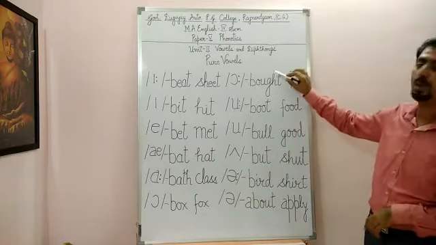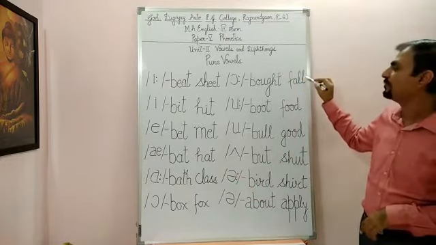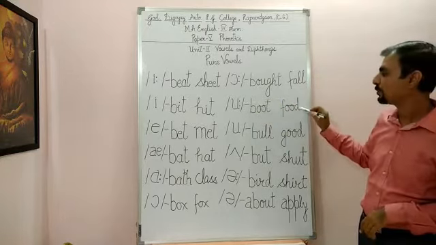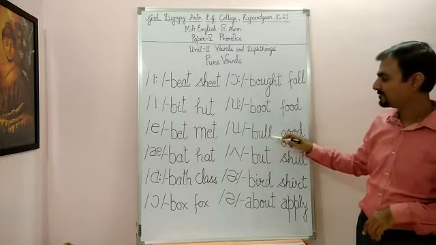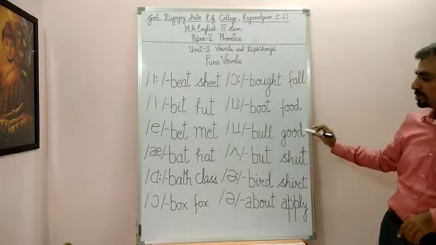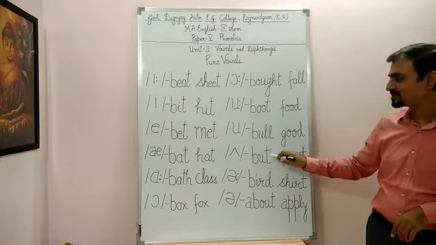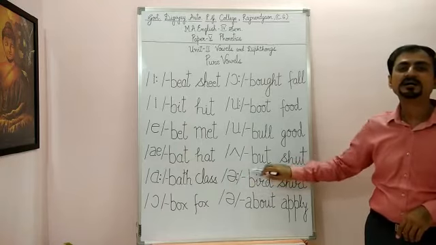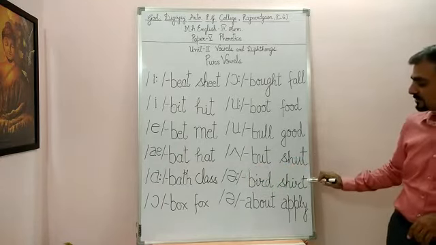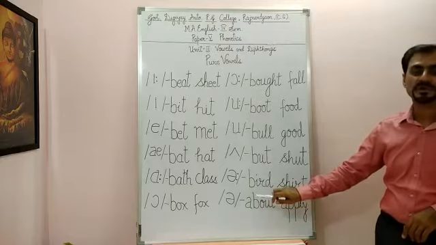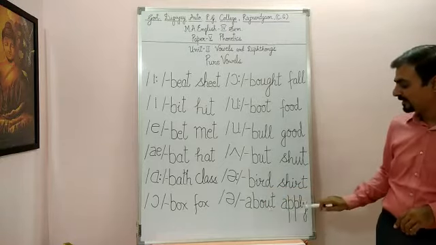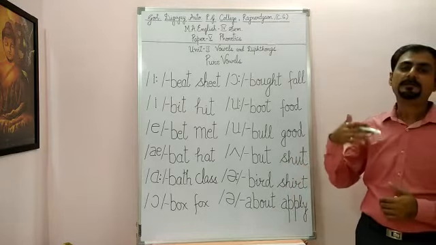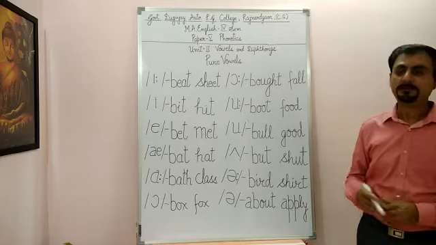Then we have O as in boat, O as in fold, U as in boot, U as in food, O as in bull, O as in good, A as in but, A as in shut, as in bird, as in shirt, as in about, as in apply. So this is the practical usage of pure vowels.